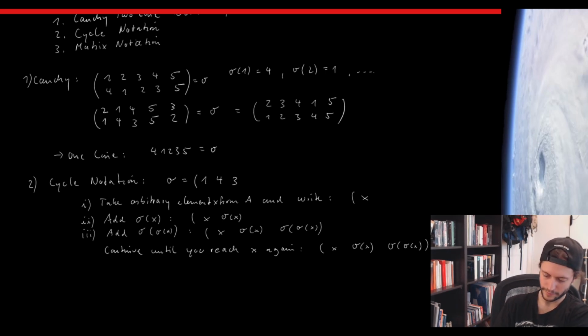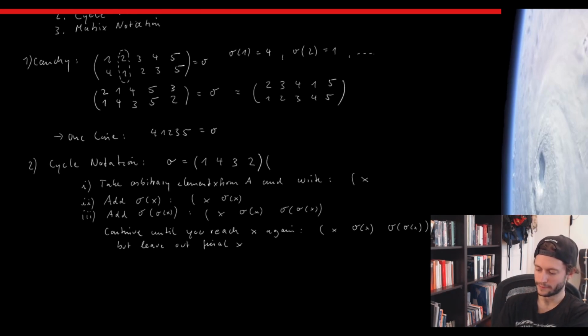But you leave out the final X, so that you basically reach the beginning again. So let's see, 1, 4, 3. 3 gets mapped to the 2. 2 gets mapped to the 1. Now we reached our beginning number 1 again. And now we close the bracket.